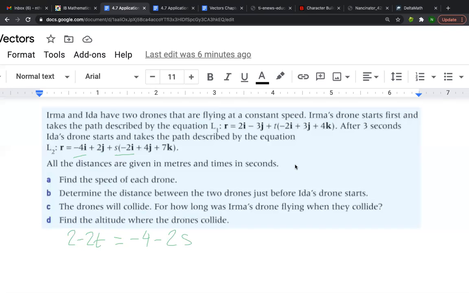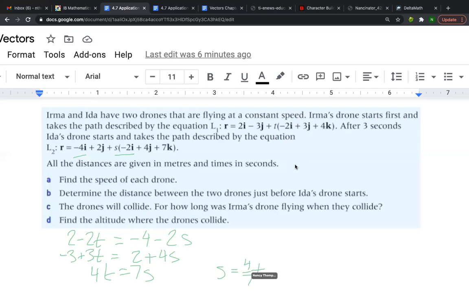So then we set them equal to each other. And then you proceed with the same concept. So your next line of the system would be -3 plus 3t equals 2 plus 4s. And 4t equals 7s. I think it's easiest to solve for s. So here you would get that s is equal to 4/7 t.